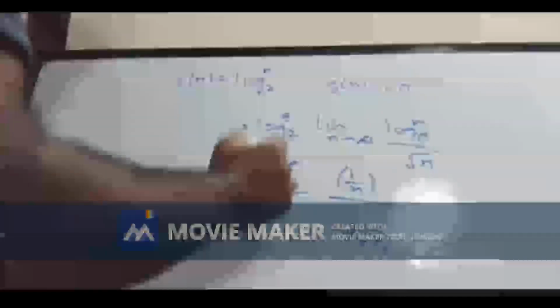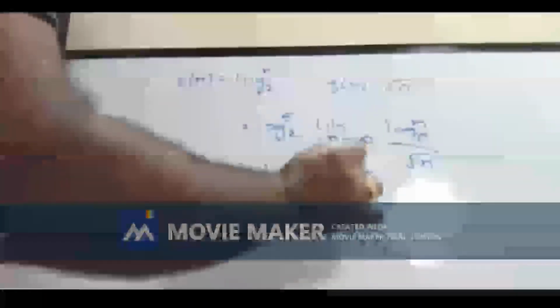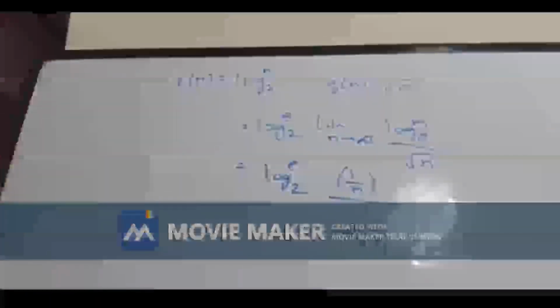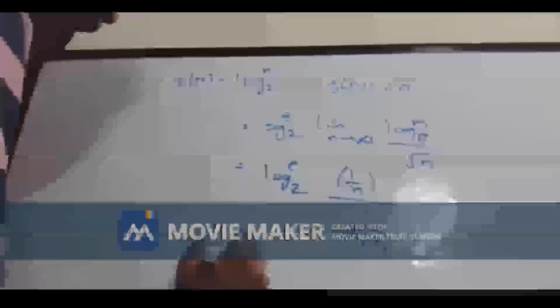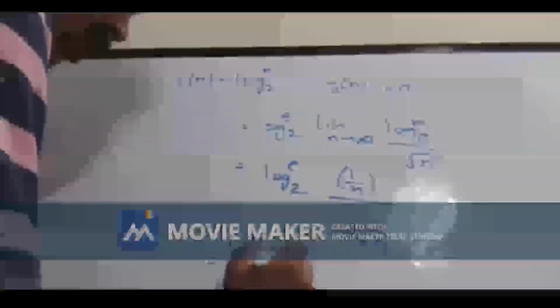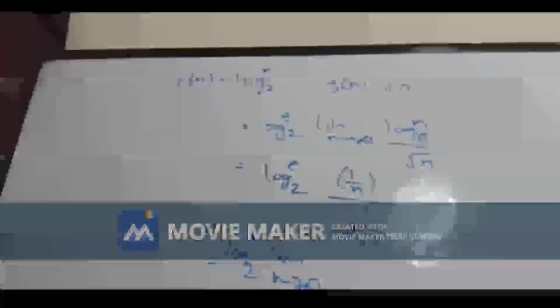Now you just simplify it. You have log e base 2 into the limit n tends to infinity of 1 divided by n, divided by 1 by 2 square root of n.